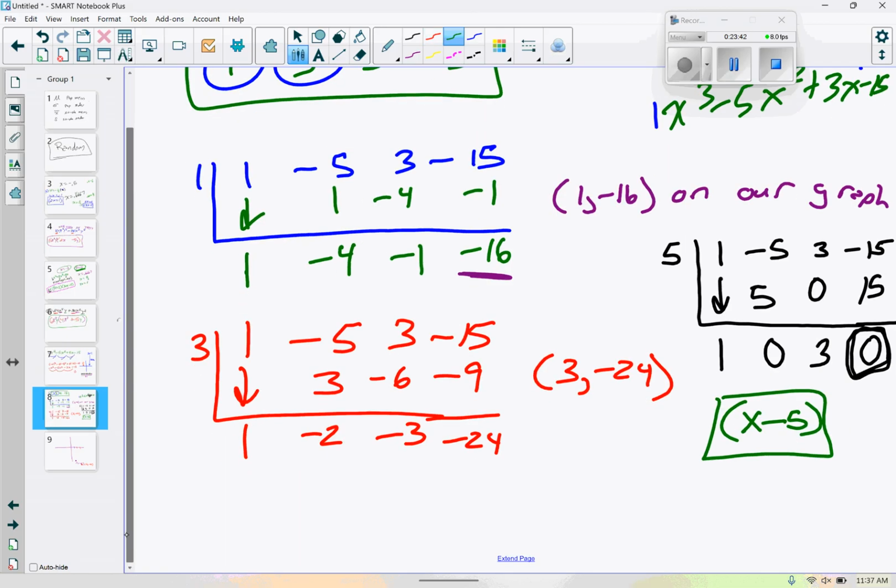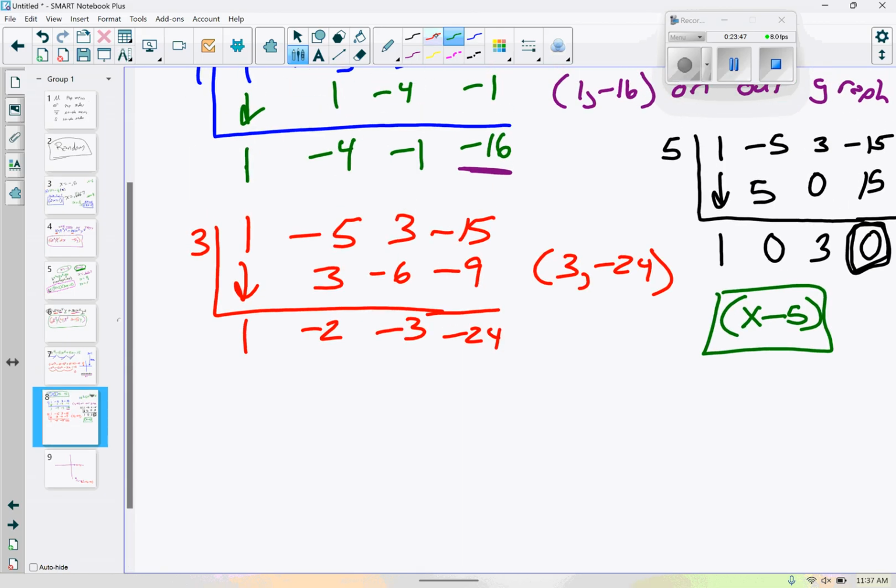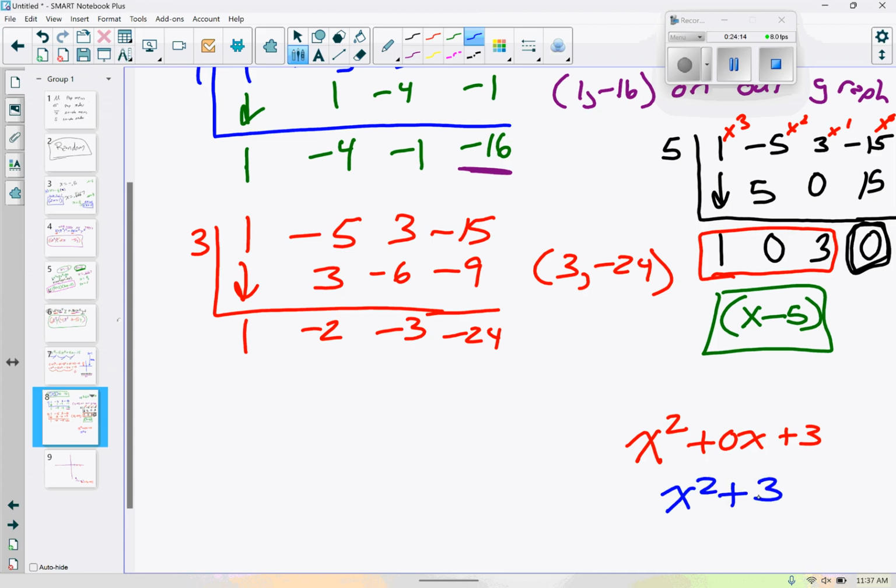I've got to bring this down. Extend my page. Show you what's going on here. All right. So do you agree that this started out as x to the third, x to the second, x to the first, x to the 0? Does that make sense? Now we have this, which is basically x squared plus 0x plus 3, which simplifies down a little further to be x squared plus 3.